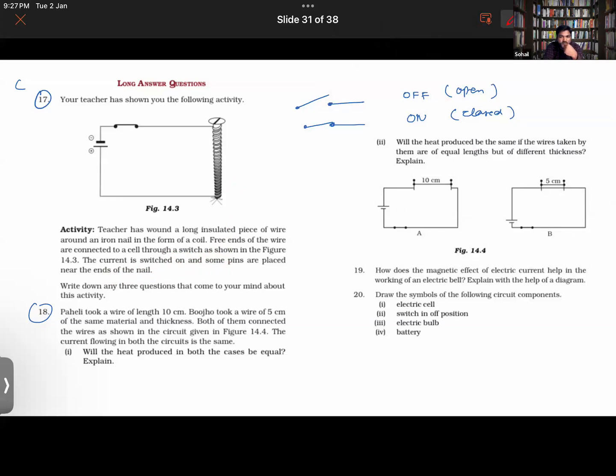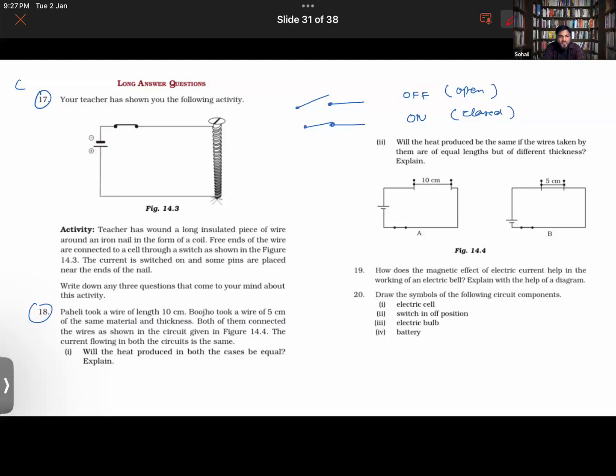Sundus, Chakrika, come on, think of some questions that should arise. Will it be able to hold many pins? What if I were to increase the number of cells here? Exactly, that question is valid. What will happen if I connect more cells in the battery?